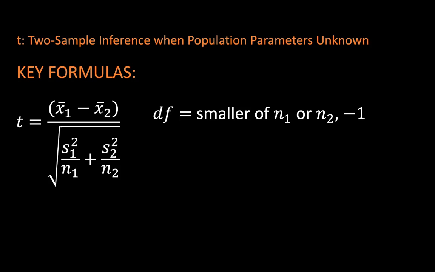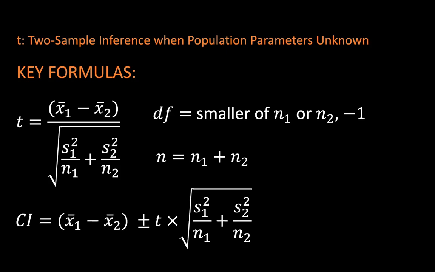The degree of freedom for a two-sample t-test with two independent samples is the smaller of the sample sizes minus 1 if the sample sizes are not equal. Keep in mind that the total sample size is the sample size of the first sample plus the sample size of the second sample.